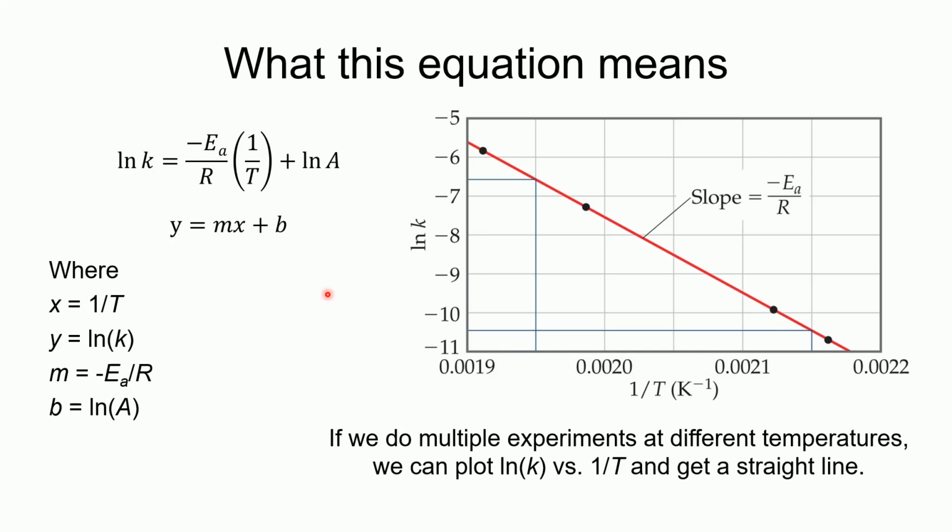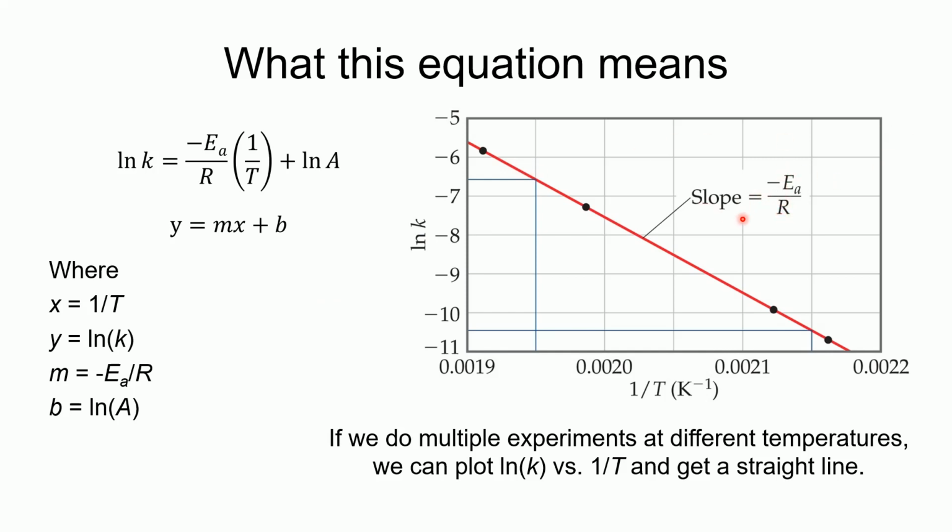When you do that, you get a straight line. What's great about this is that this works regardless of what kind of equation you have. It could be first order, second order, fifth order, it doesn't really matter. But what's important is that it always gives a straight line, and the slope of that straight line is equal to negative EA over R.